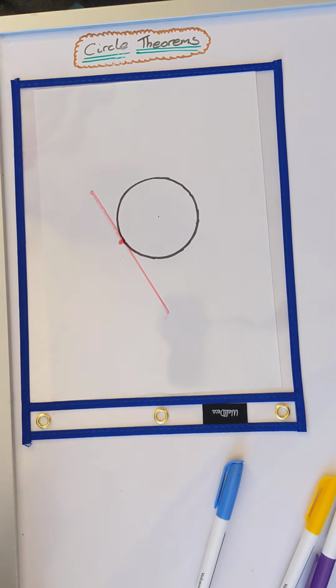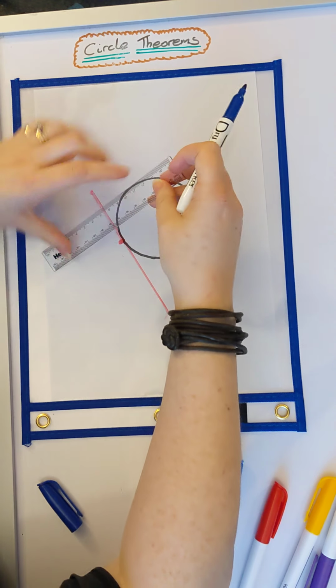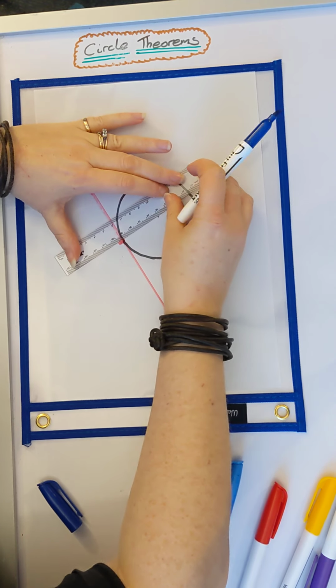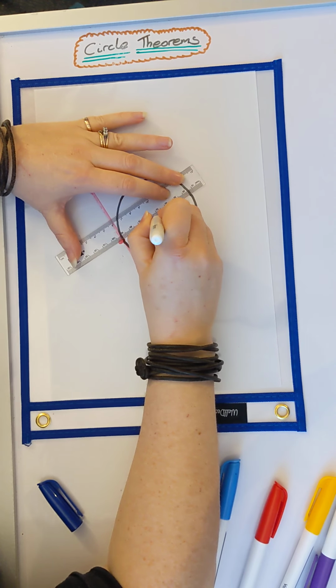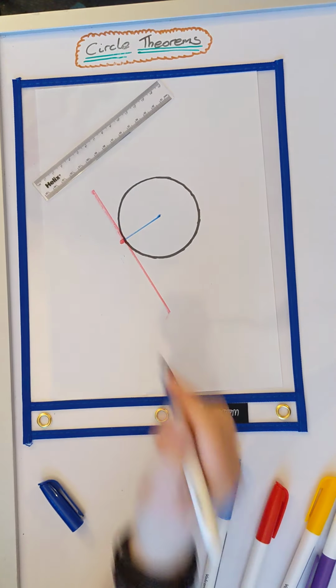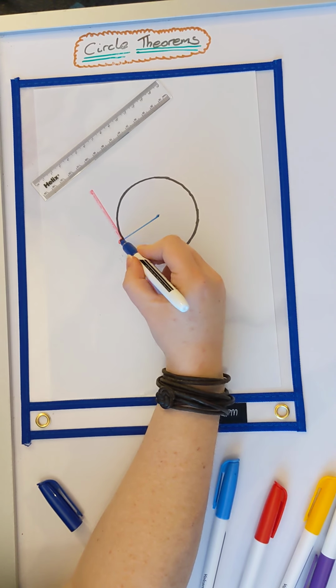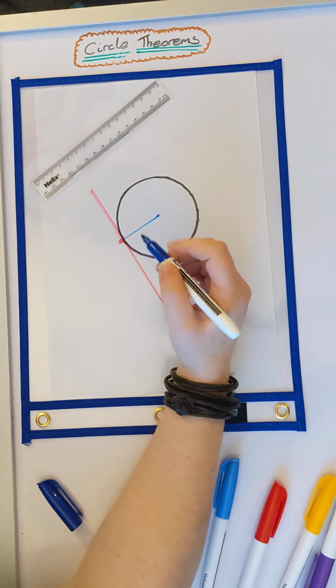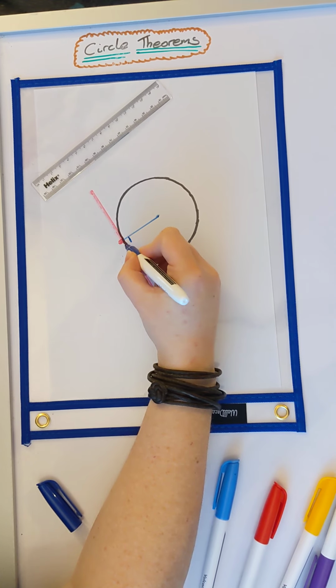I can draw from that point a radius to the centre of the circle. Okay. That radius will always reach the tangent at exactly 90 degrees.